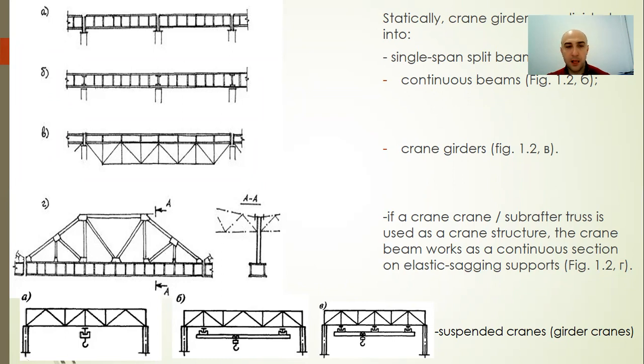The third is with the light cranes. Crane girders used with heavy cranes, when the capacity Q is more than or equal to 30 tons and with a large column step, lattice crane girders with a rigid upper chord are advisable. It is possible to reduce the steel consumption by 15 to 20 percent in comparison with the split solid beams.